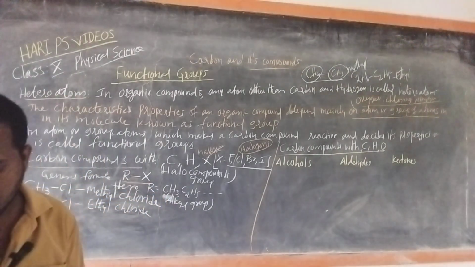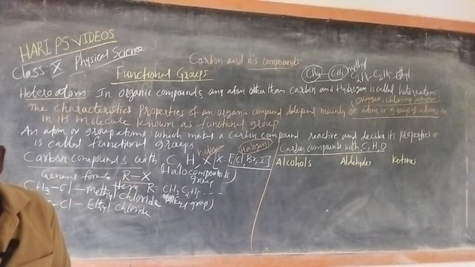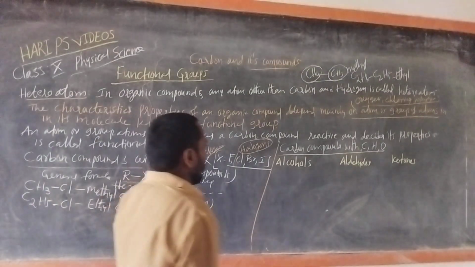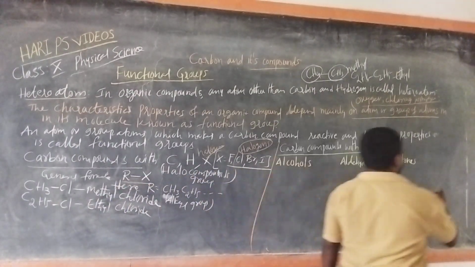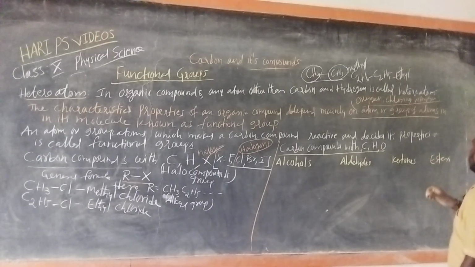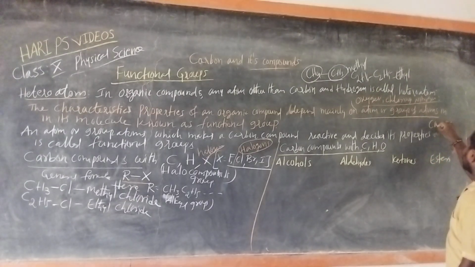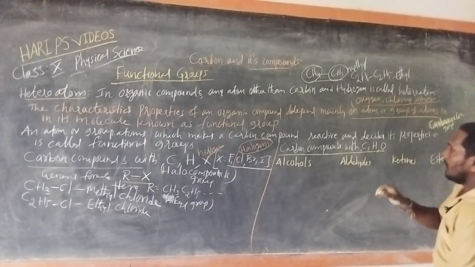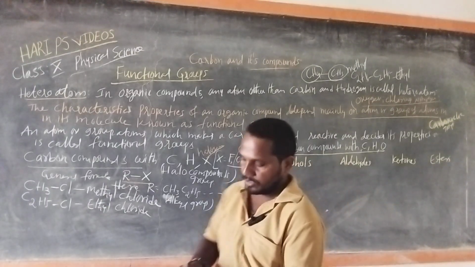Let us first discuss these three. Alcohols, aldehydes, ketones, esters, then carboxylic acids, carboxylic groups, esters, alcohols, aldehydes, ketones.